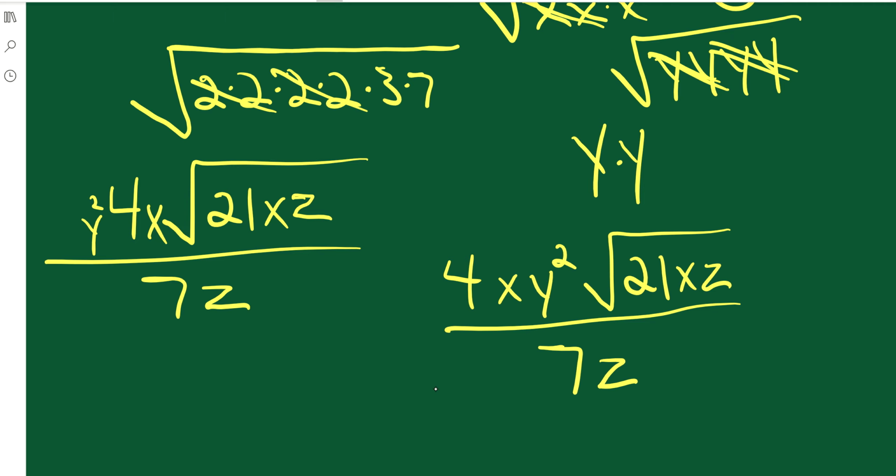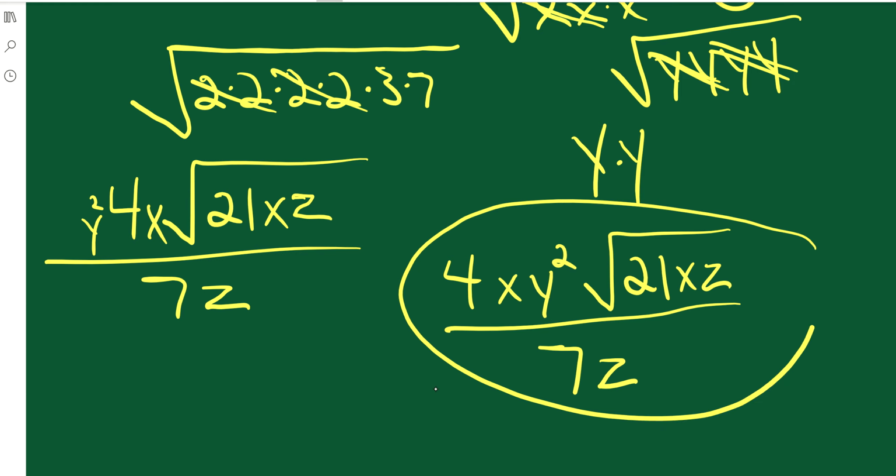And I can't simplify 4 over 7, nor do I want to cancel the z's here, because this z is still under the radical sign. So this was a pretty challenging problem, and that's the answer for that one. Okay, very nice, I hope.